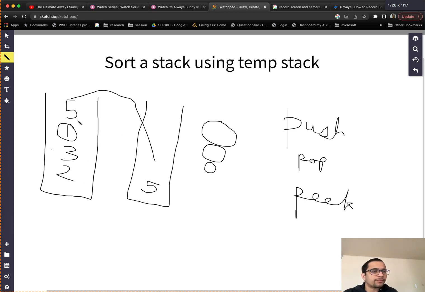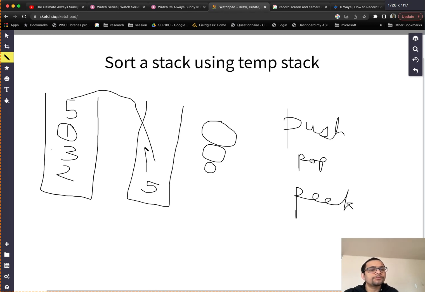So we put 5. Now the next element is 1. Do we put 1 right on top? No, we have to find where we can put 1 such that it maintains this decreasing order. So we pick the top of the temp stack. 1 is smaller than 5, so it has to go below 5.